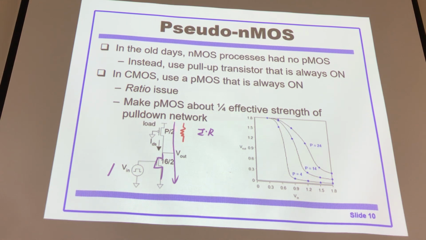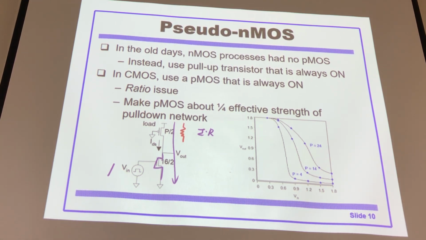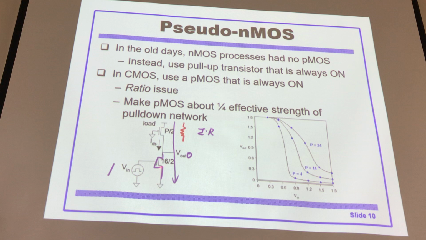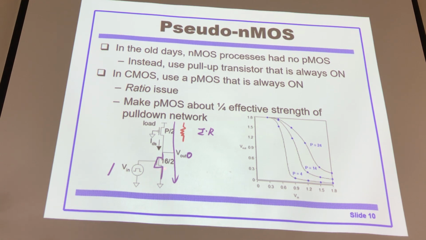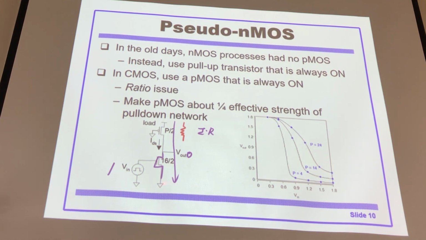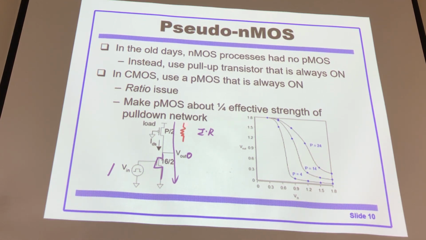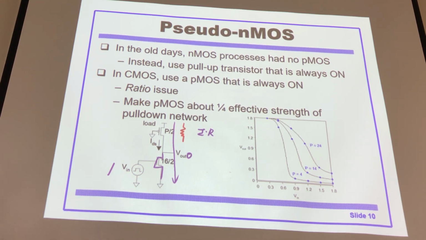All the current goes through the resistor, so there's a significant voltage drop there, and you're going to get 0 at the output. It's just like a wire, so there's almost no resistance, which is why the output is close to ground in terms of voltage. All the voltage drop is across the resistor because of the current going through it.